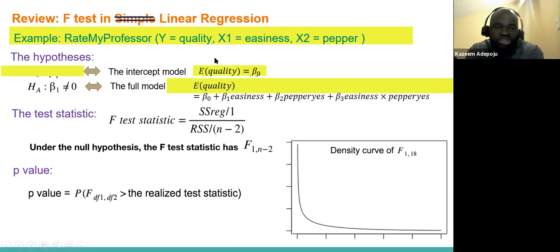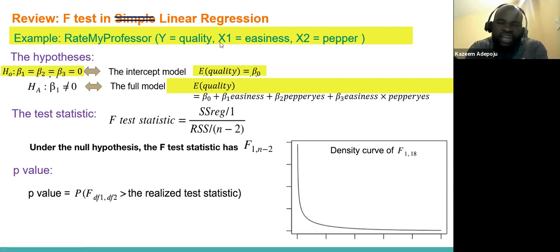Now, if I want to talk about quality, the expected value of quality, I can consider an intercept model, which is when there is no connection between Y and X1 and X2. The expected value of quality is going to be equal to beta naught. And for the situation where that is going to happen, I'm going to explain right now.